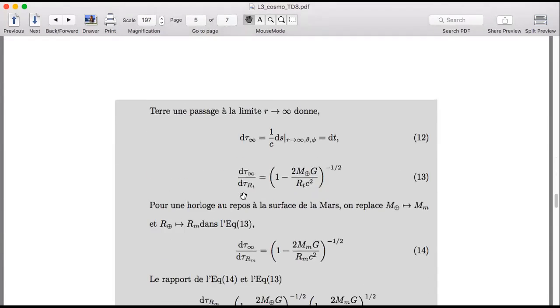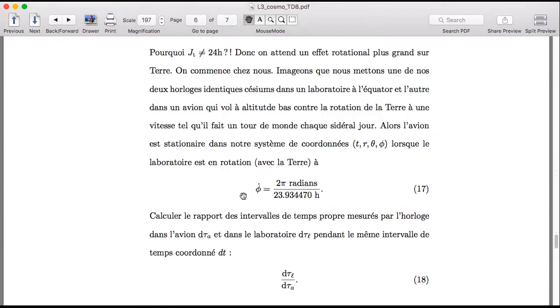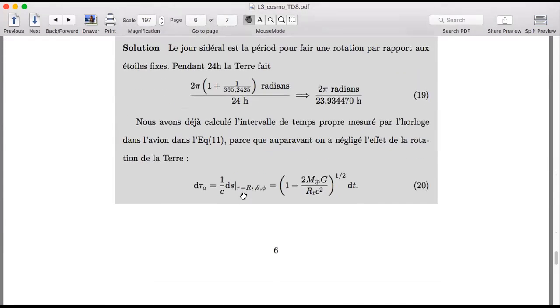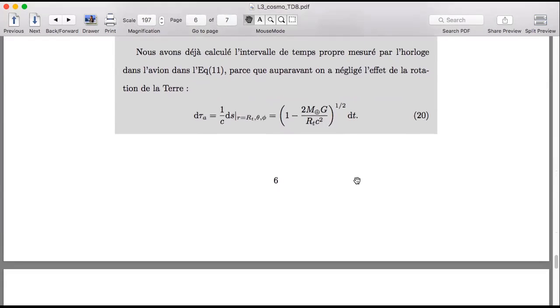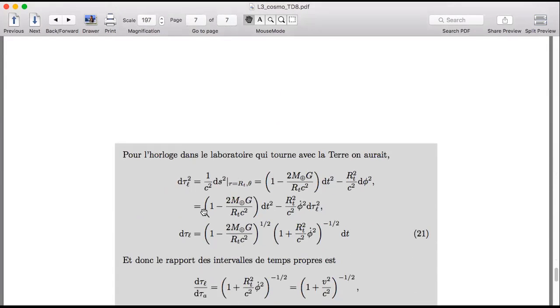The clock in a laboratory is not following a geodesic. It's very important that we are straight on that point. We're not in a geodesic, but we can still use the line element to find proper time intervals.